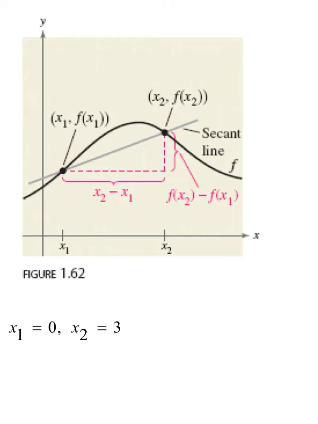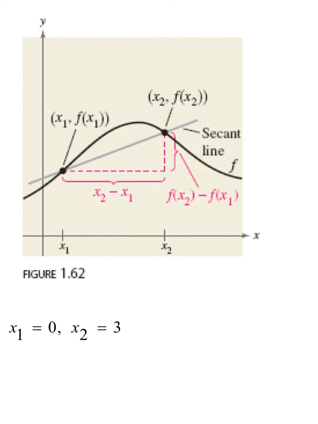So they've given us an x and a y for this point, and an x and a y for the second point, and that's why we have x1, y1, x2, y2. It's these 2 points that we're going to use to find this average rate of change, or the slope of this line that we call the secant line.